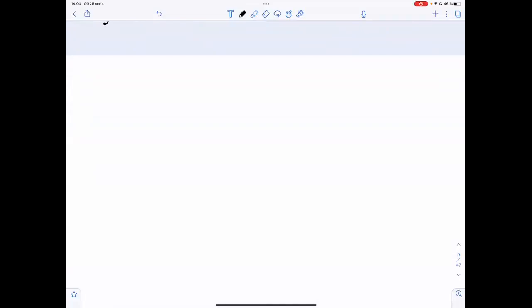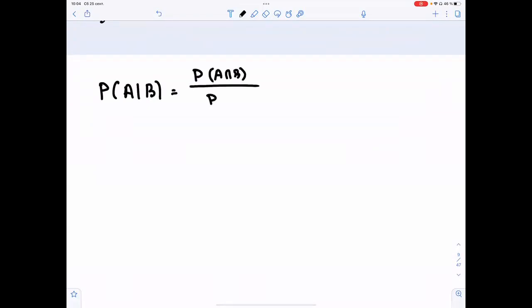So here on the top, you know how to evaluate the probability of A, and you know that P of A given B is the probability of their intersection divided by the probability of the condition. Now let's swap B and A there. What it gives me is the probability of B given A is the probability of B intersect A divided by the probability of A.